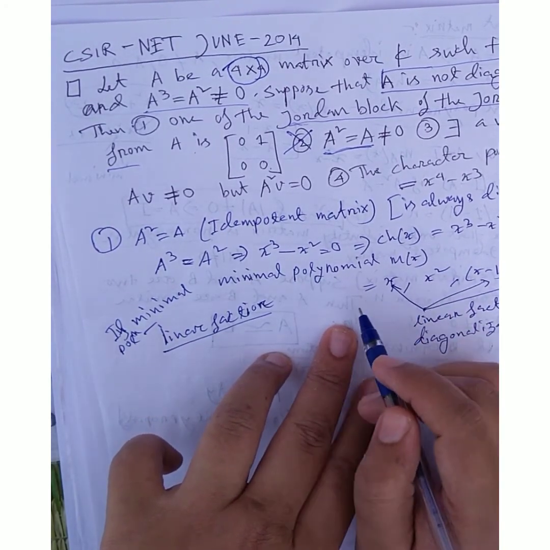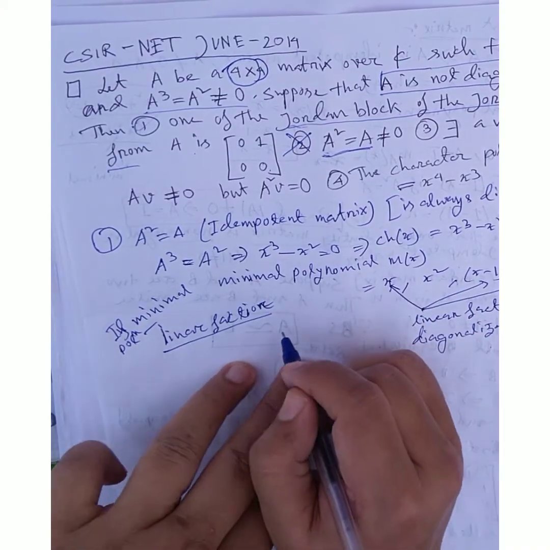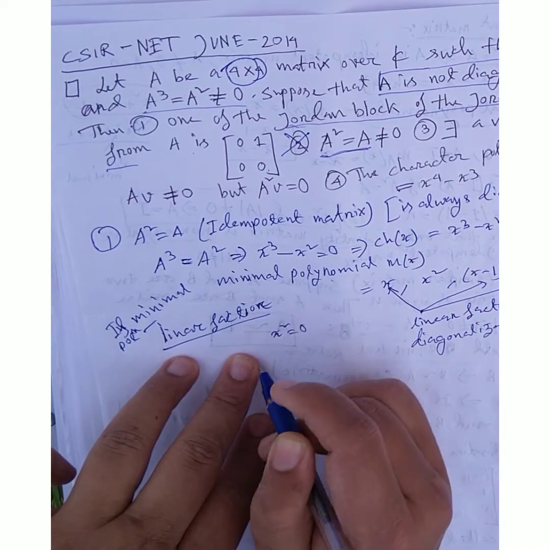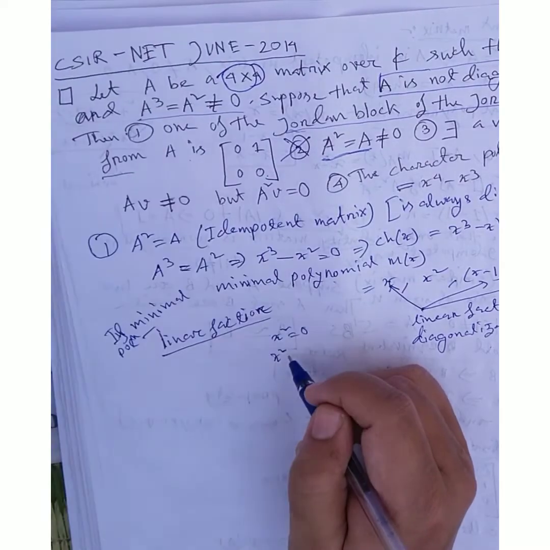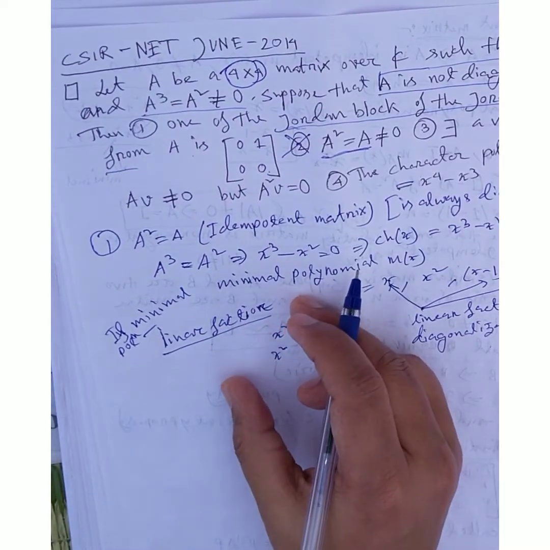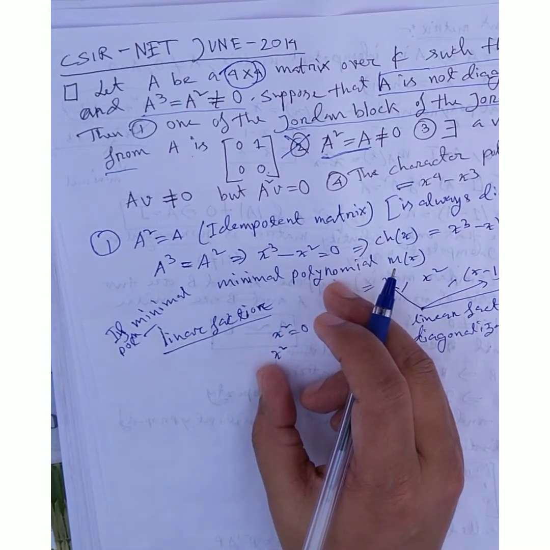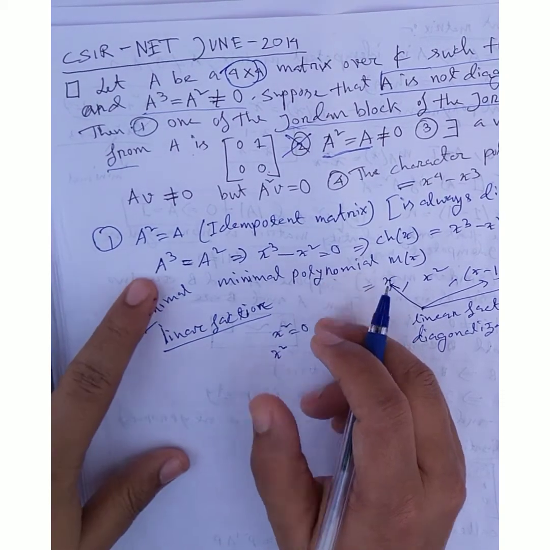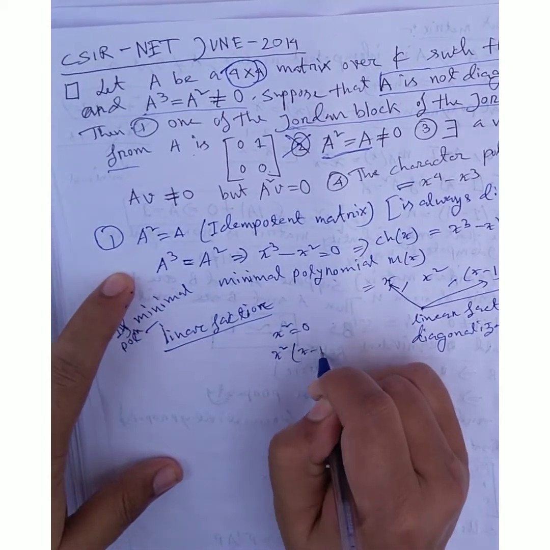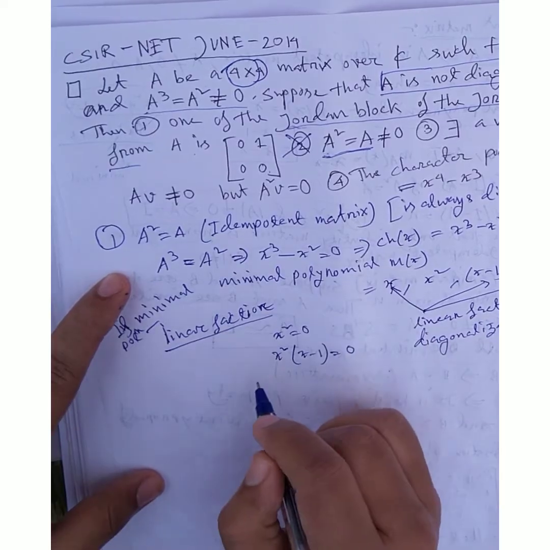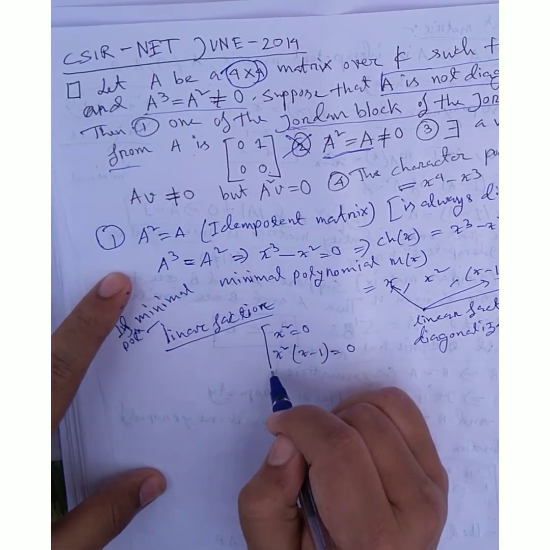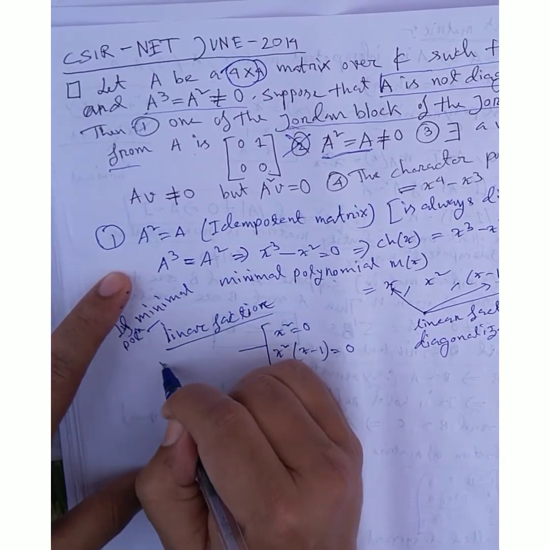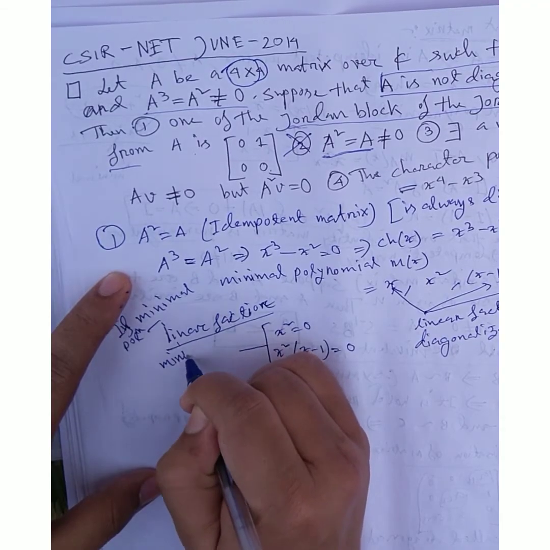So my possibilities are minimal polynomial x square equals 0, and x square into x minus 1 equals 0. This is my total possibilities for the minimal polynomial.